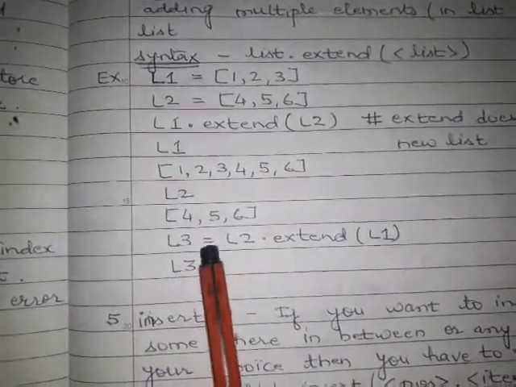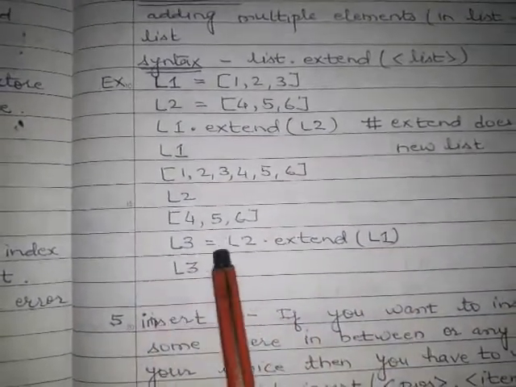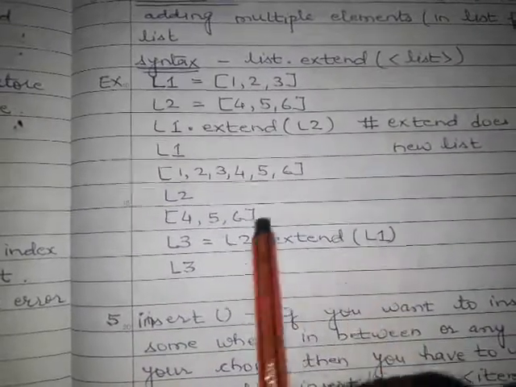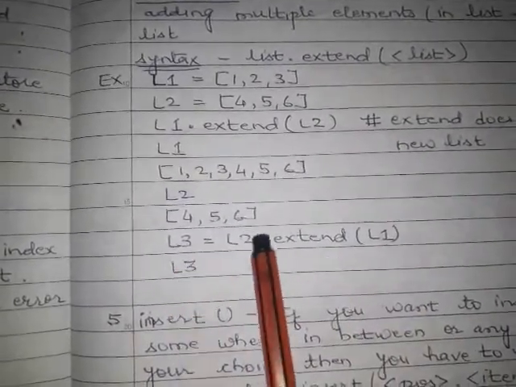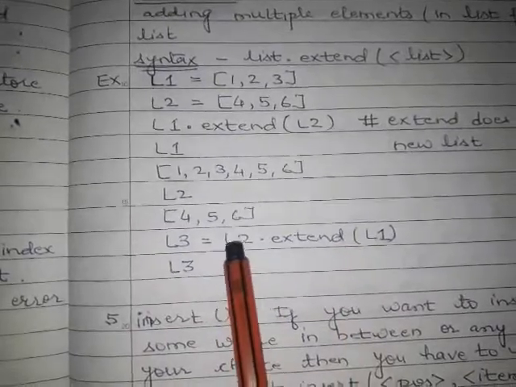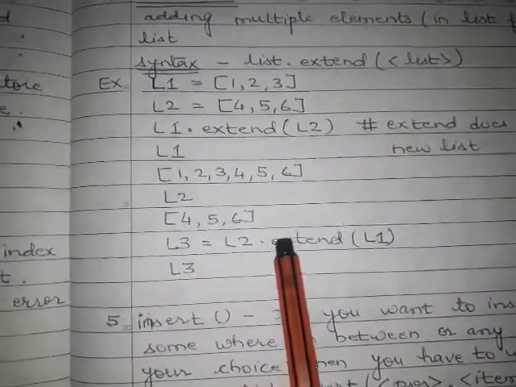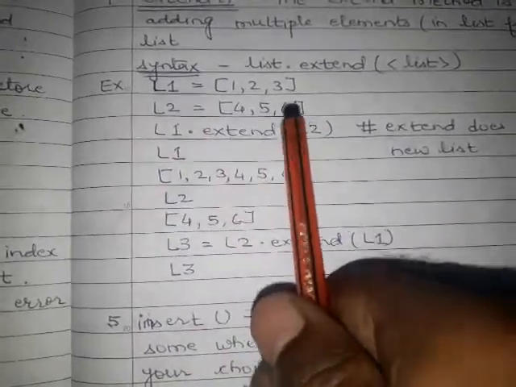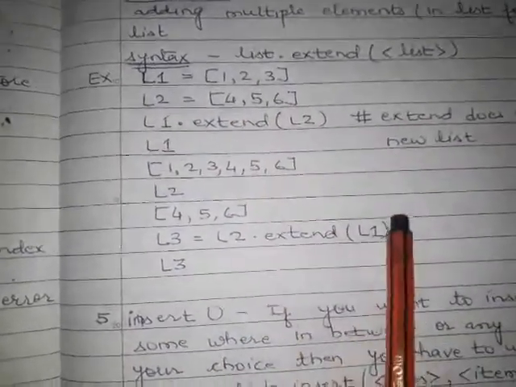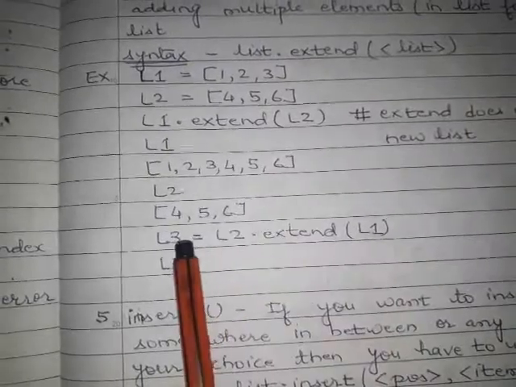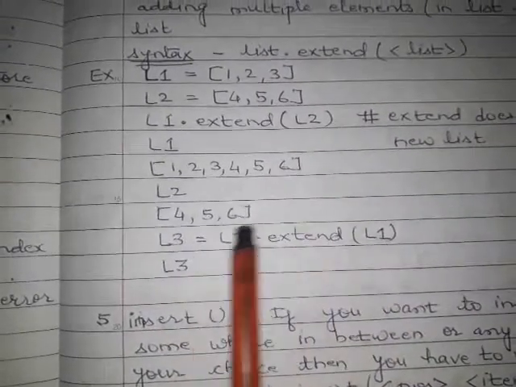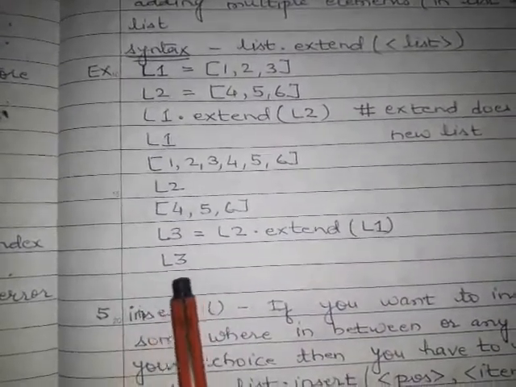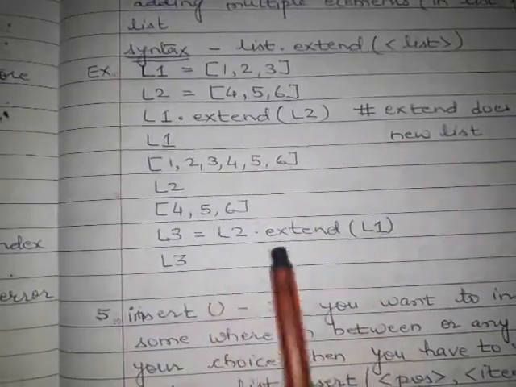Now L3 equals to L2 dot extend. Now we are going to check whether extend is going to return any list or not. So we are using L2 dot extend. It means in L2 we are going to add L1. It means 4, 5, 6, 1, 2, 3, and we are creating another list L3. So when we print L3, nothing is printed because extend does not return anything.